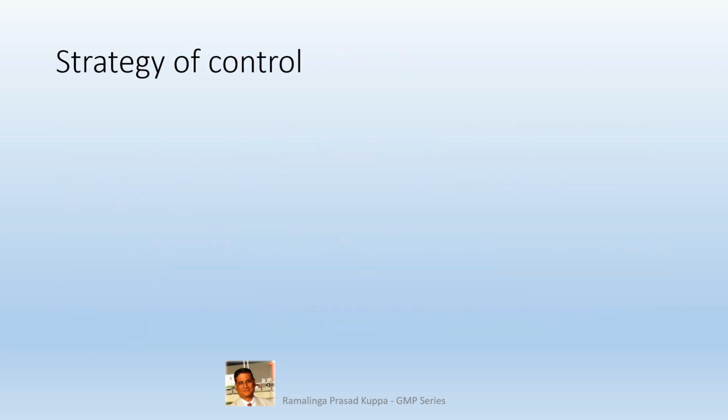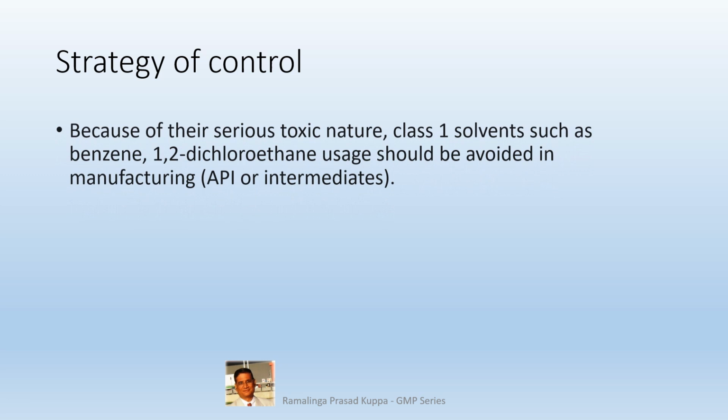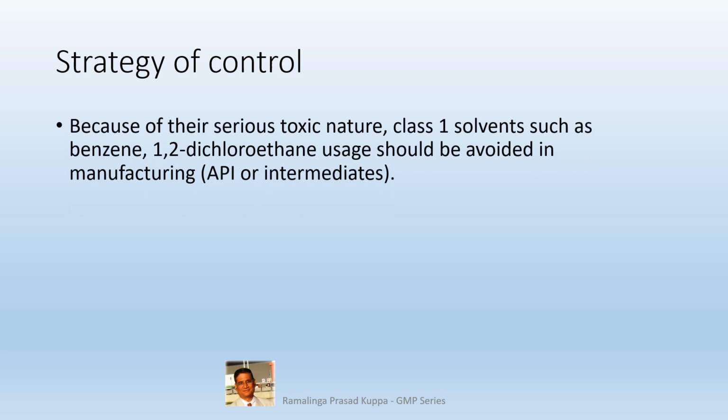Let us see the strategy of control. Because of their serious toxic nature, class 1 solvents such as benzene and 1,2-dichloroethane usage should be avoided in manufacturing of API or intermediates. Class 1 solvents are very toxic even at very low levels. Removal of impurities to acceptance limits is also challenging.